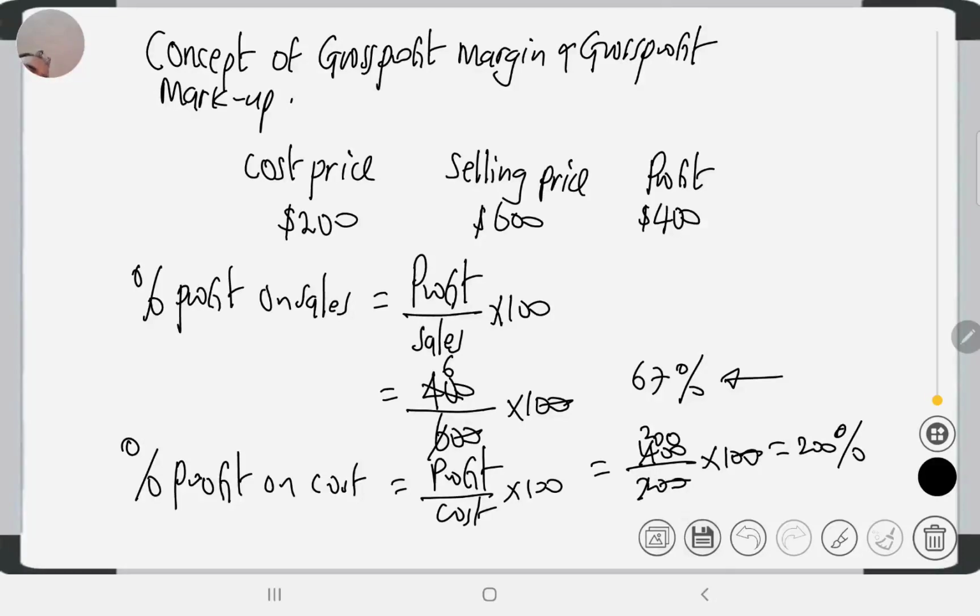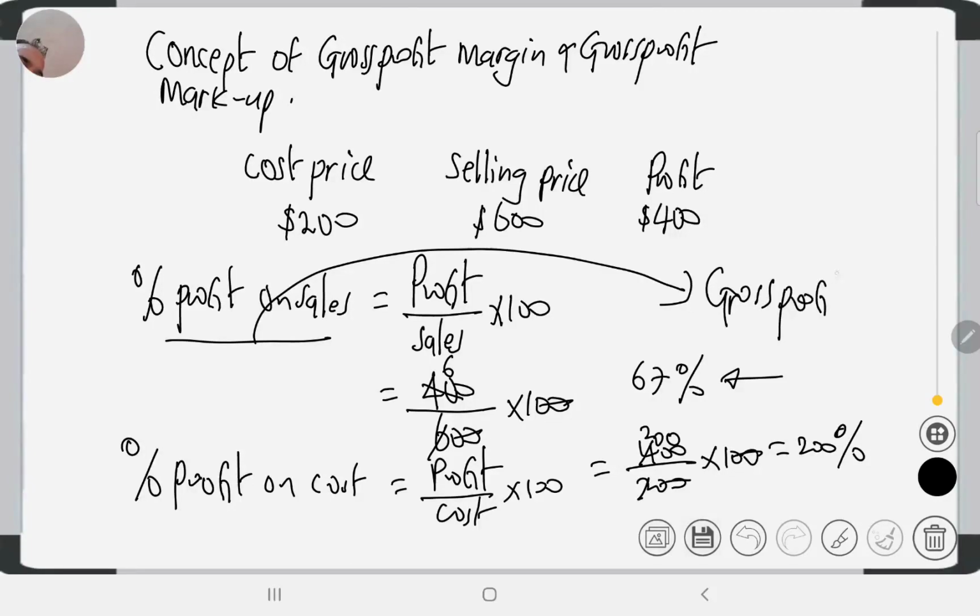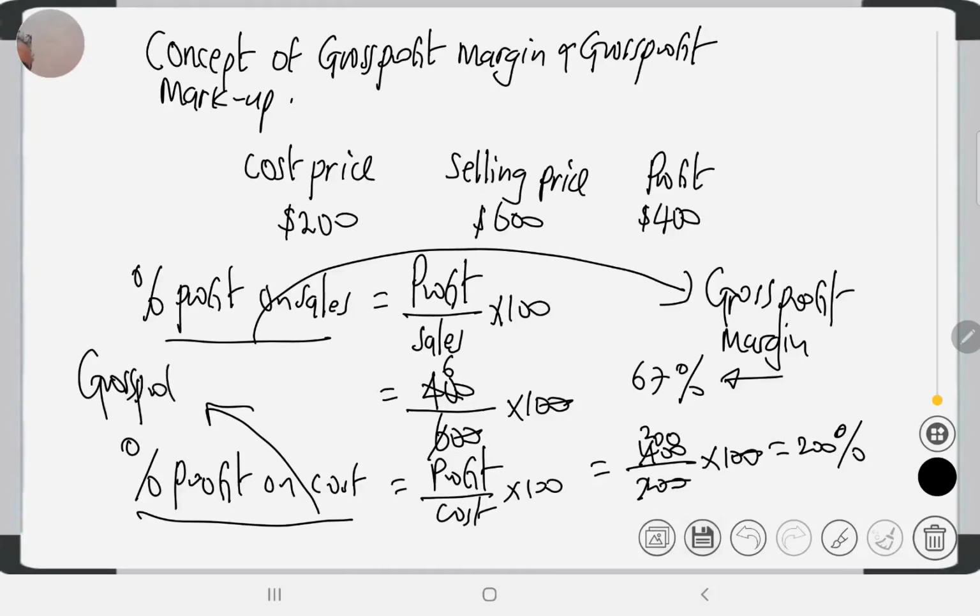Percentage profit on sales. In accounting terms, we won't say percentage profit on sales, we will say gross profit margin. And in accounting terms, we won't say percentage profit on cost, we will say gross profit markup.